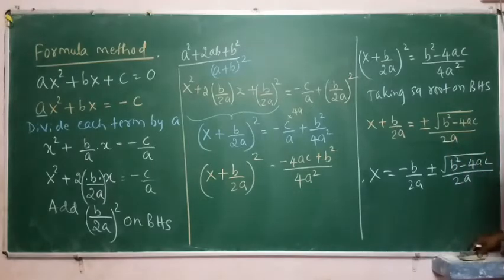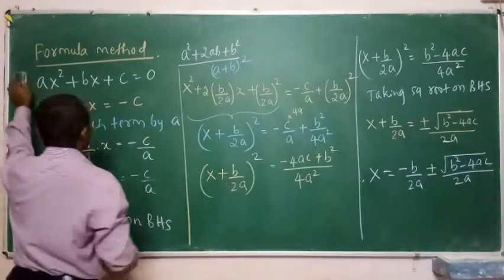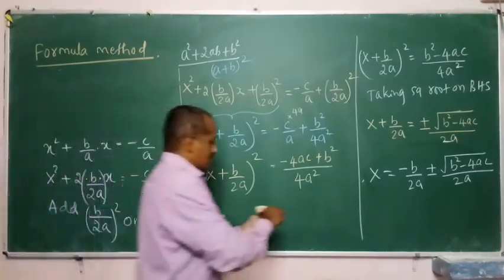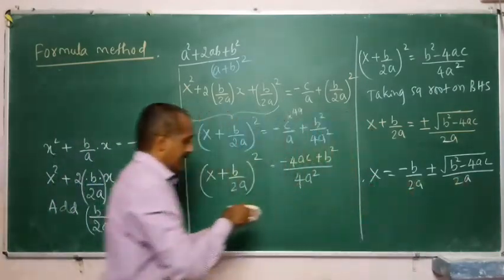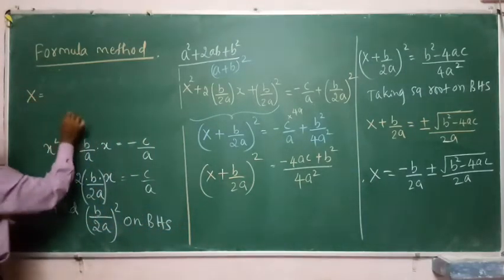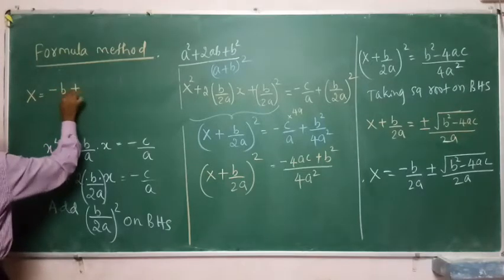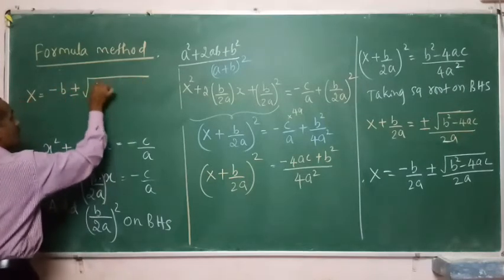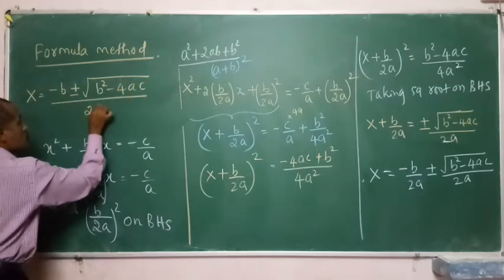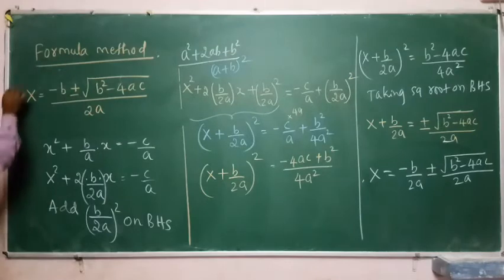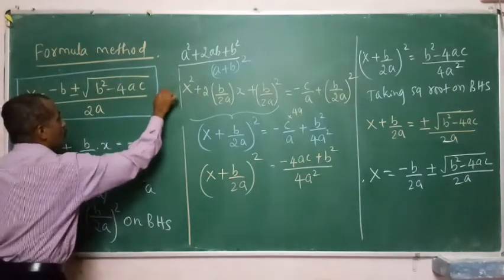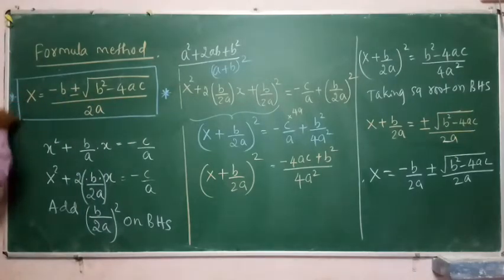The last step of this formula: since this is also 2a, this is also 2a, I can go for a common denominator and write x is equal to minus b plus or minus under root b square minus 4ac whole divided by 2a. This is the formula we are using to solve the quadratic equation.